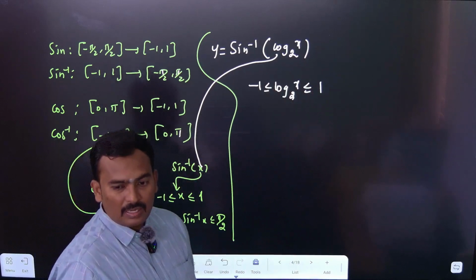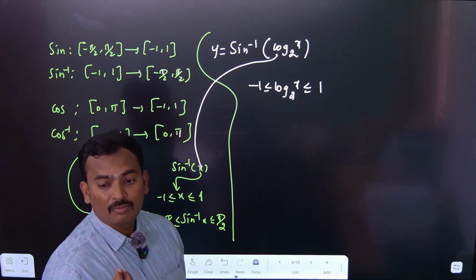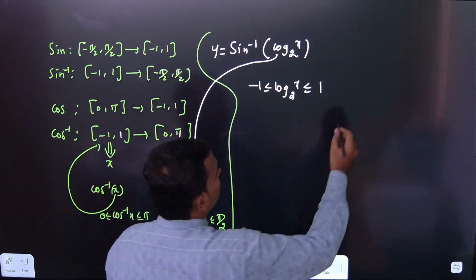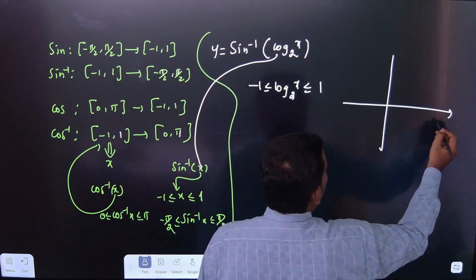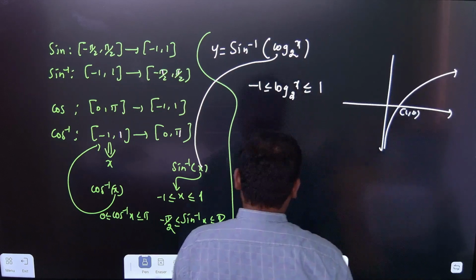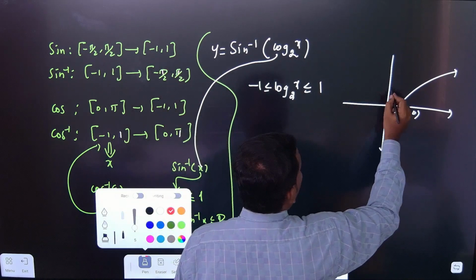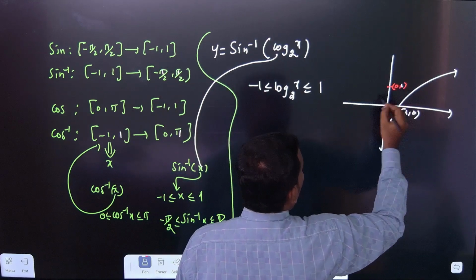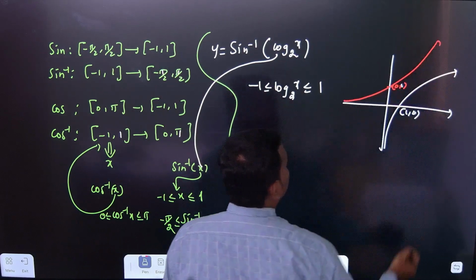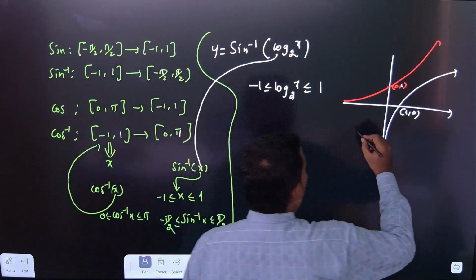So we need to understand the logarithmic and exponential functions here. You can see this is your logarithmic function. It is passing through 1, 0. But when you take the exponential function, it is passing through 0, 1. It will be like this. So y is equal to x is the mirror, right?